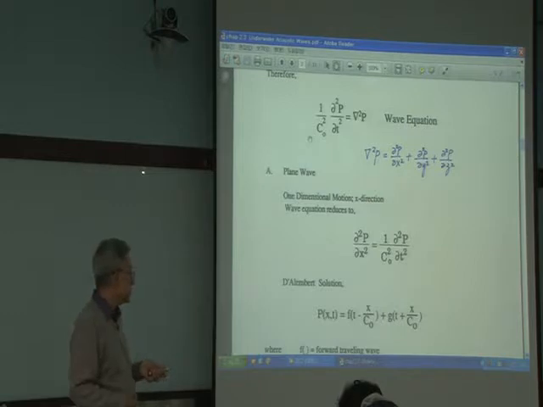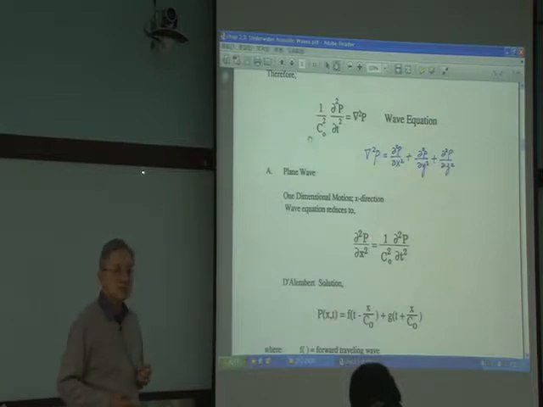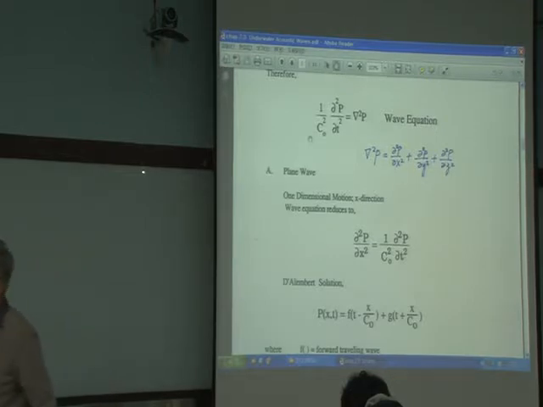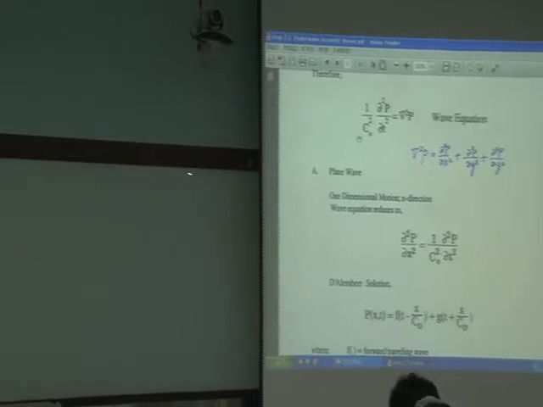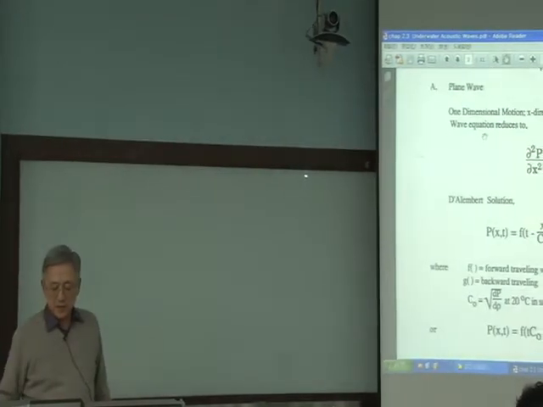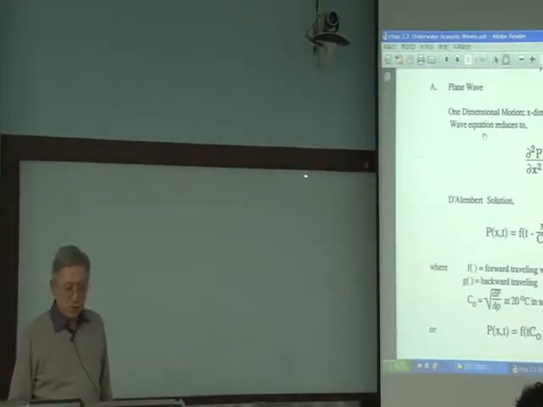If you replace p with this, then the equation is satisfied by itself. Both the right and left hand sides are identical if you put this in. So this is the well-known general solution called the D'Alembert solution. I think years back he first posed this solution.